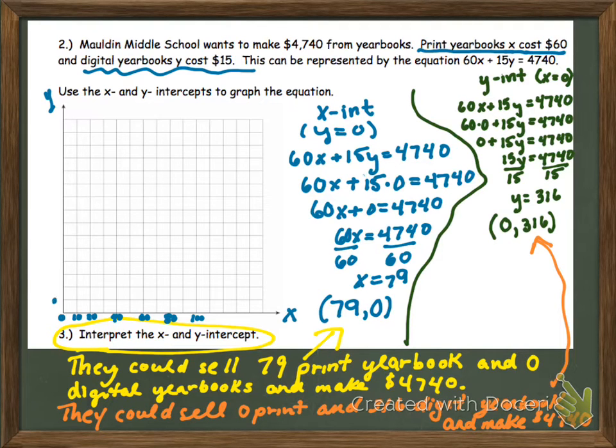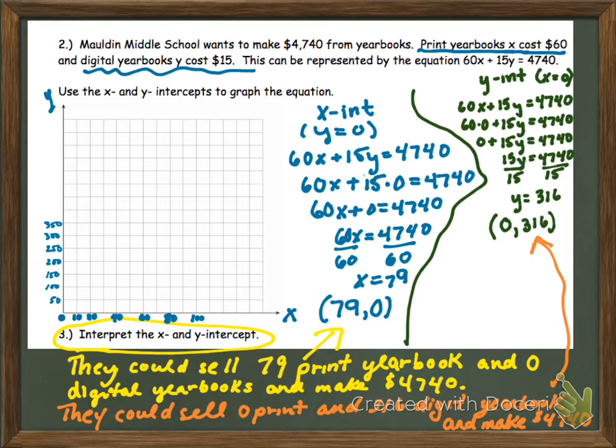So I'm going to have that first line be 50, and then 100, 150, 200, 250, 300, 350 there.